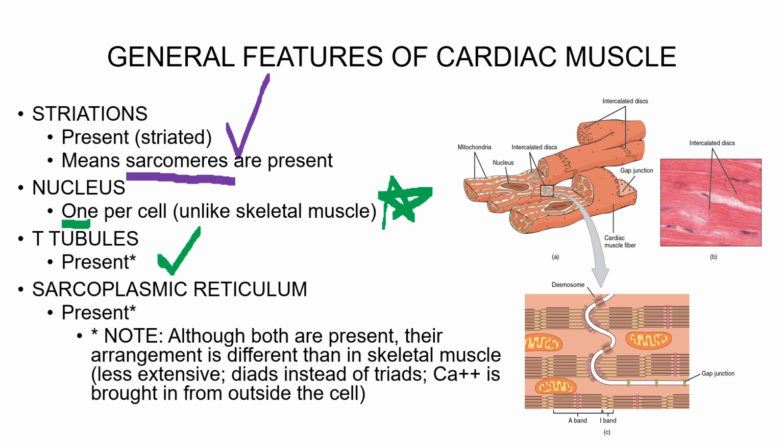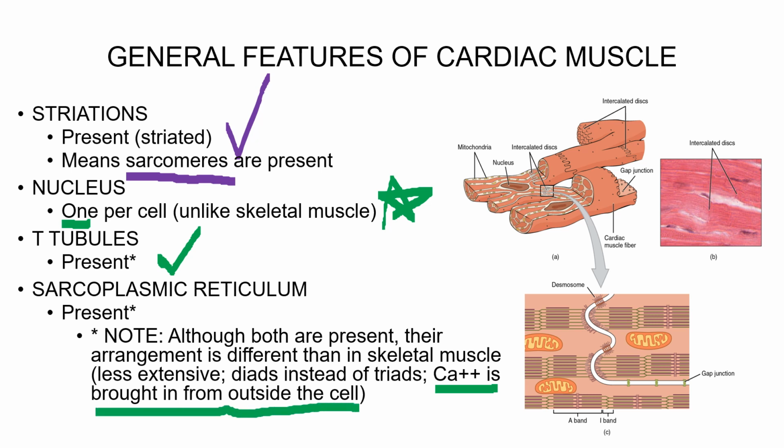And we also do have a sarcoplasmic reticulum in the heart. However, it's not used as extensively. It's not as important. Now, as you can read, the sarcoplasmic reticulum still does store a little bit of calcium. But most of the calcium regarding the heart is actually brought in from the outside of the cell.